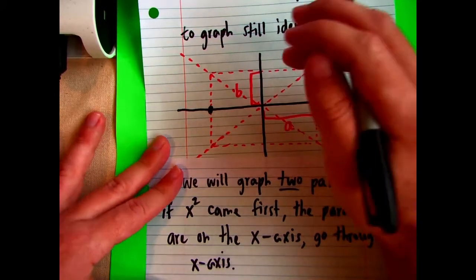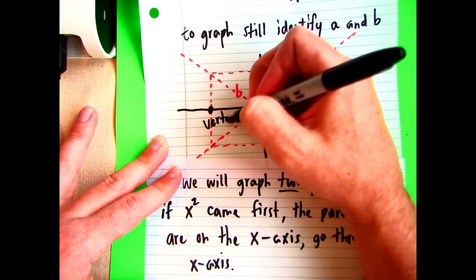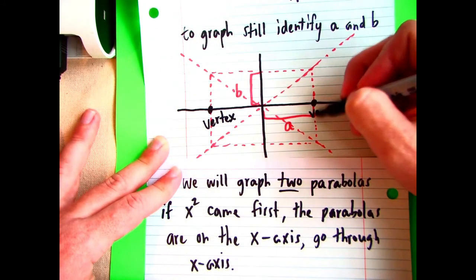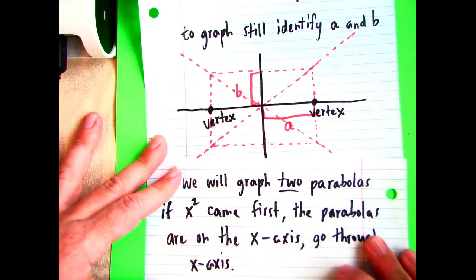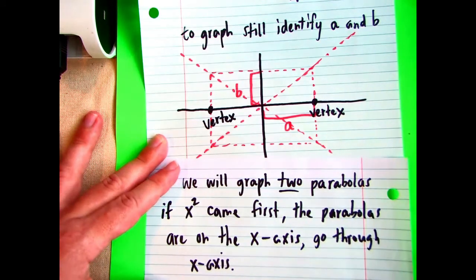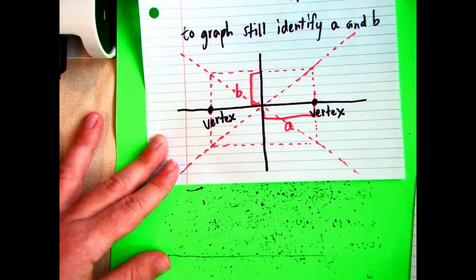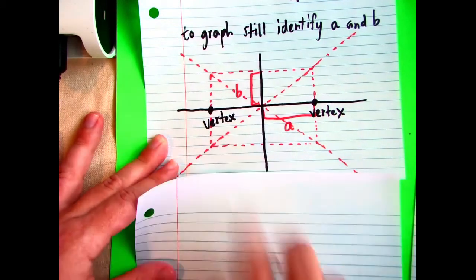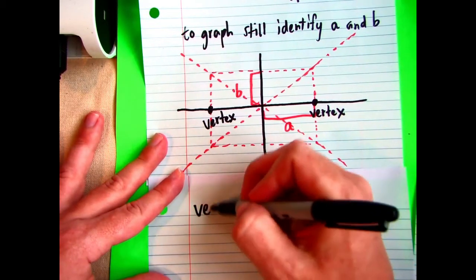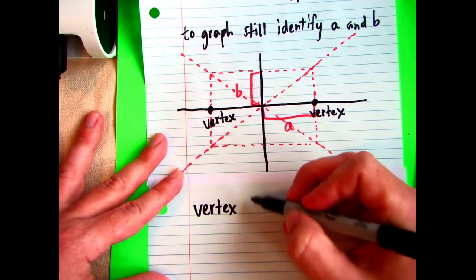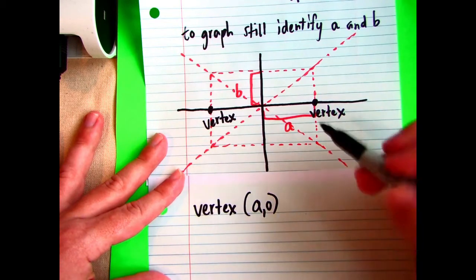To graph this, we're going to want to know the vertices, and we're going to want to know the foci. There's going to be two vertices, one on either side, and there's going to be two foci as well. And recall from parabolas that we needed the a value, the b value, the c value to identify those points.